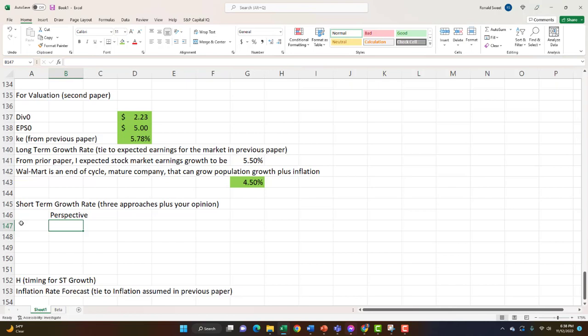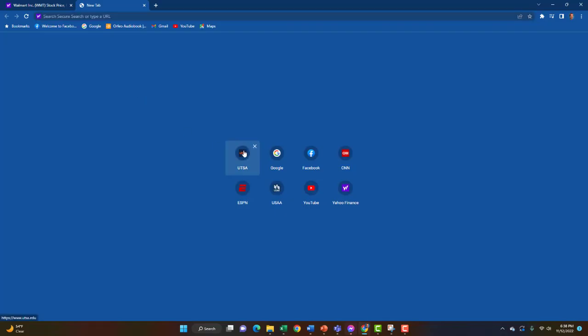So remember, the first thing I gave you was the PEG, or let's look at history. So the history of growth, here's where if you have Capital IQ, you can bring in the financials for the company. I'm going to do that just so I have them. If you don't have a Capital IQ account, I encourage you to get one.